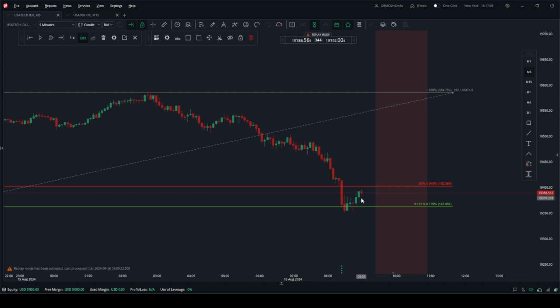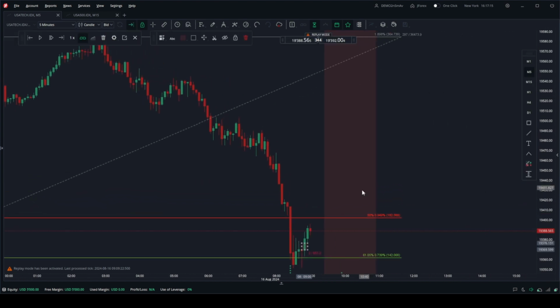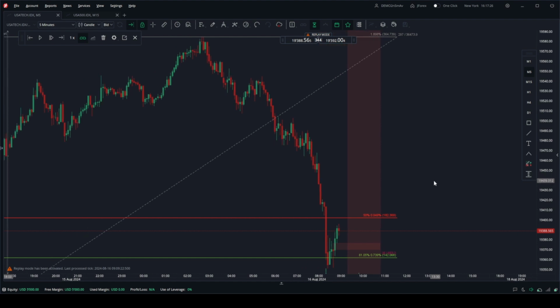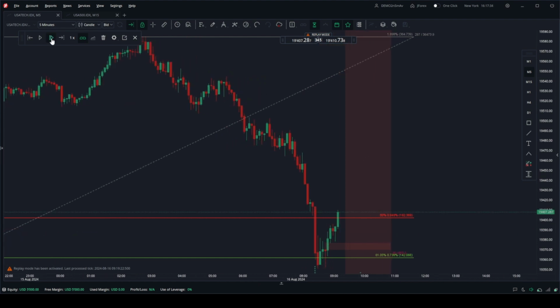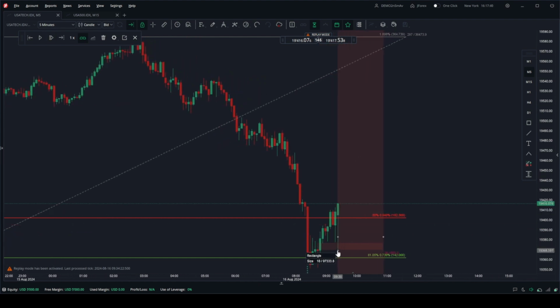Like here, it already made an FVG right here, so we mark the FVG, so that if the price comes again to this zone of FVG, we will buy. It did right here. You see this candle right here. I saw it moving down right here.